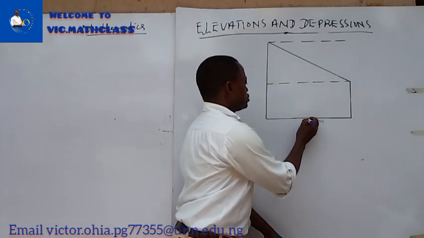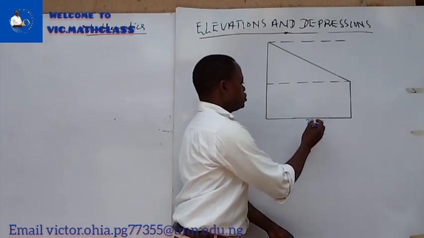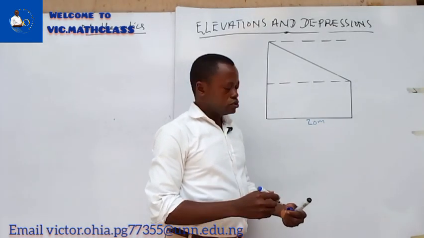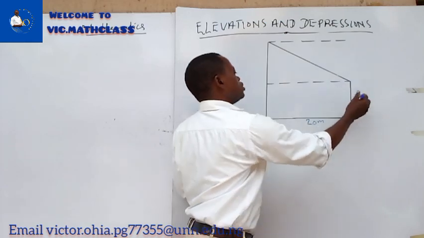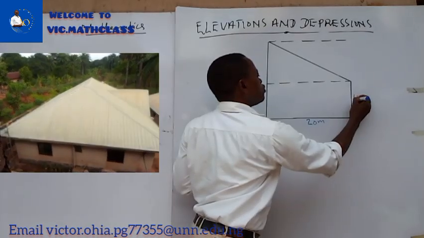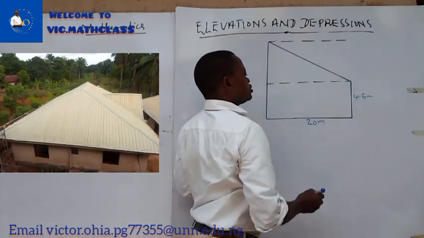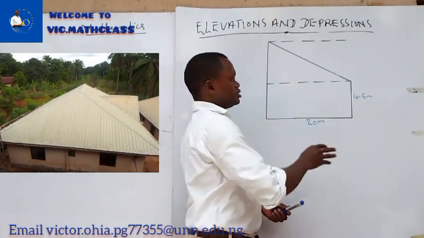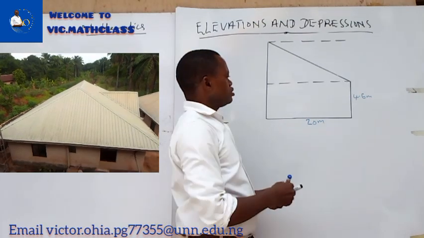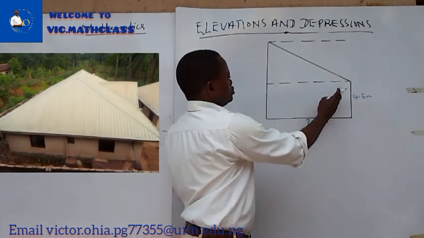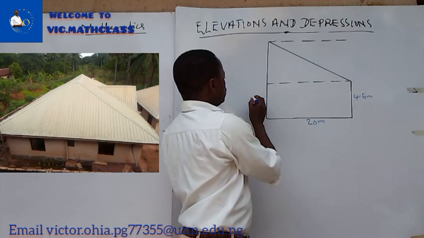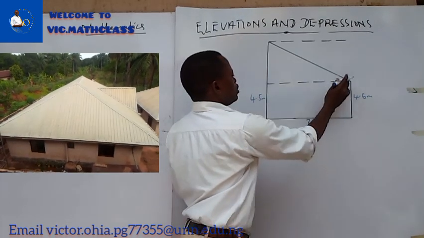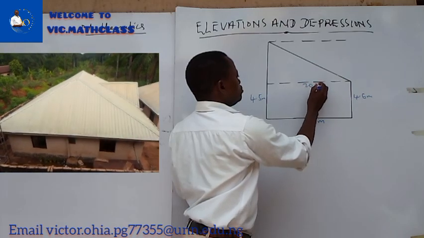We are told that the height of this smaller building is 4.5 meters. This is a rectangle, and by the properties of a rectangle, this height should be equal to this height, so this also should be 4.5 meters, and from here to here will also be 20 meters.